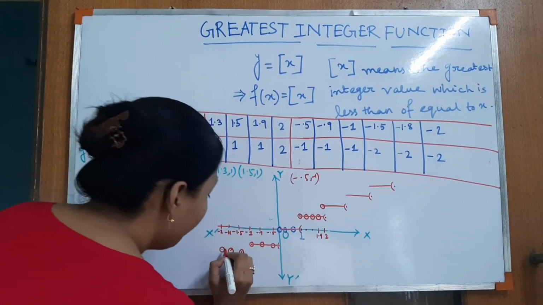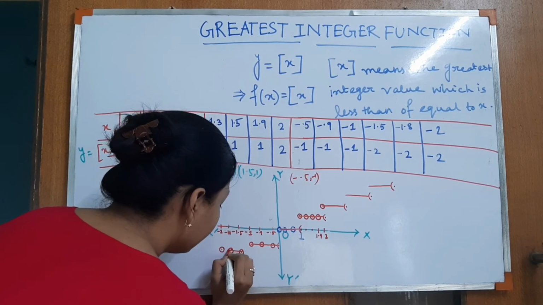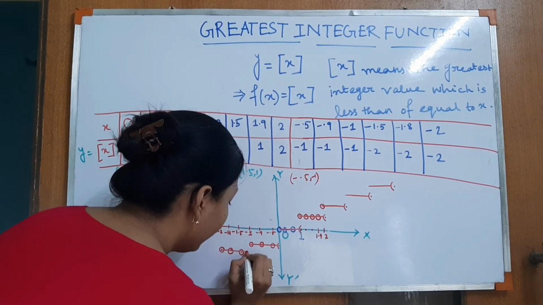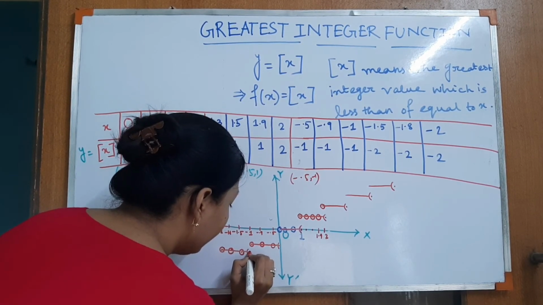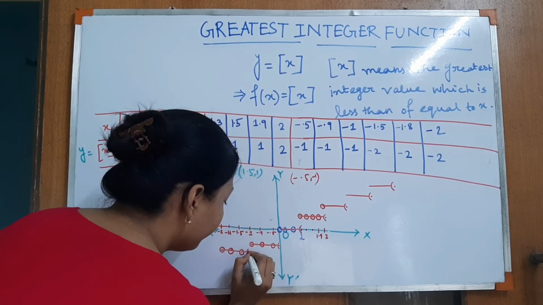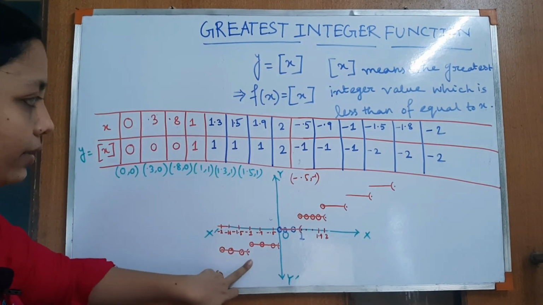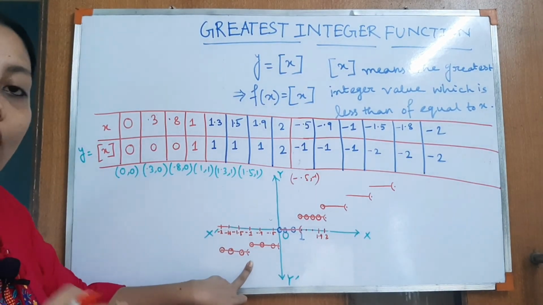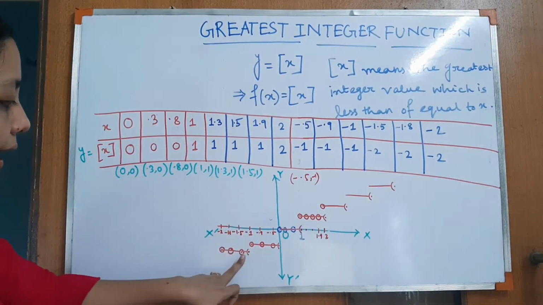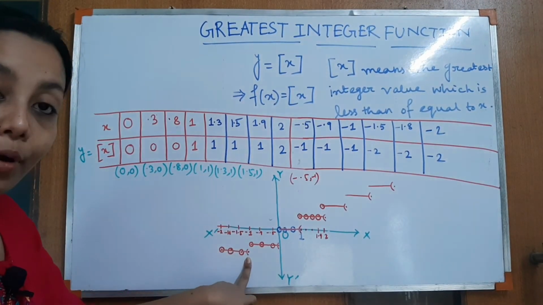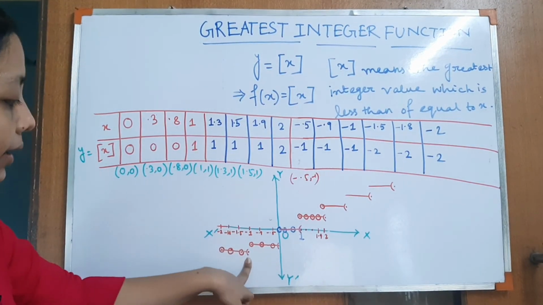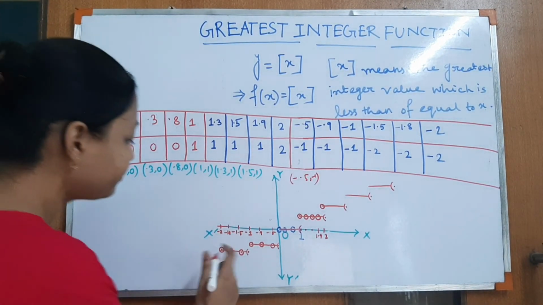Okay, but this line minus 2 does not contain this point minus 1 as its ordinate. So, here at the starting point of this line we draw this half circle.